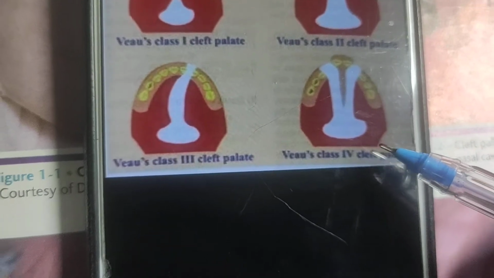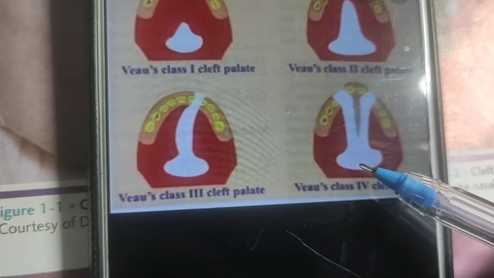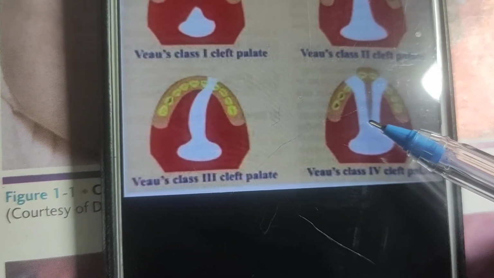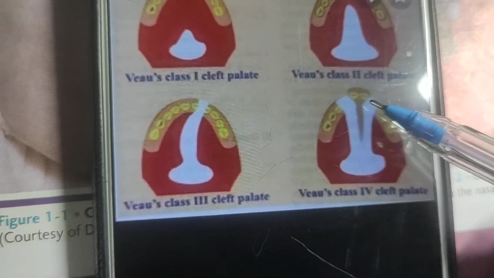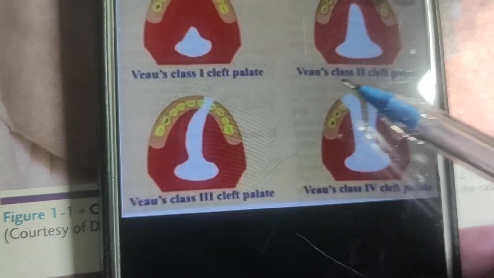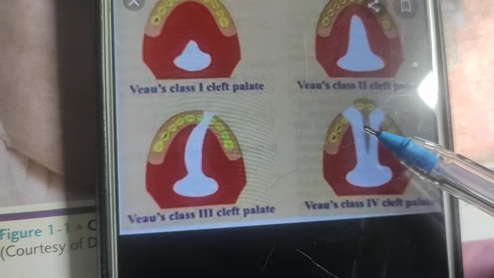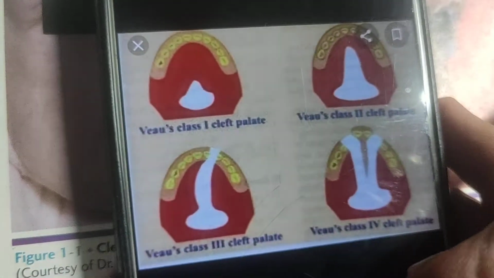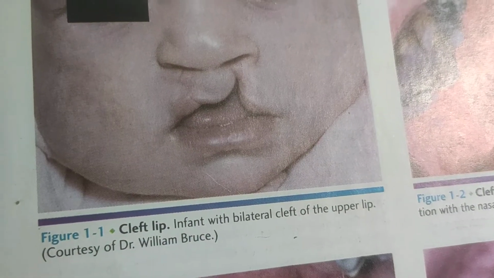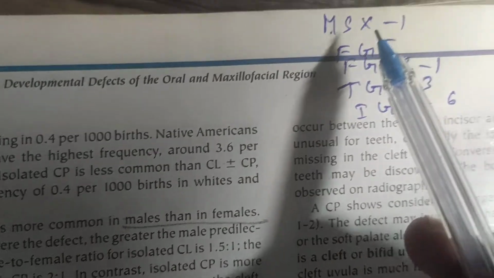And in class 4, soft palate, hard palate, then lip, but it is bilateral. So this is the classification of a palate.